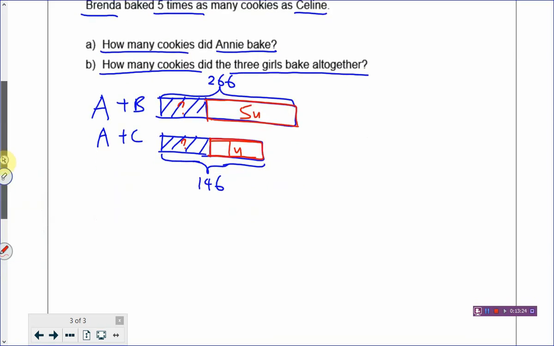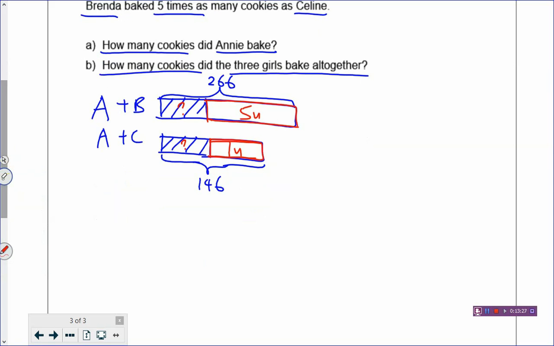Now we can look at the model and look for differences. Alright, every time you draw model, if you are stuck, don't know what to do, then you think, can I find any differences? So you look at the units, there is a difference of 4 units, and then you look at the whole numbers, the longer rectangle minus the shorter rectangle, and you will get how many?